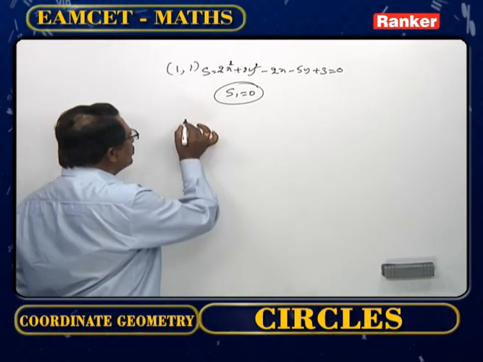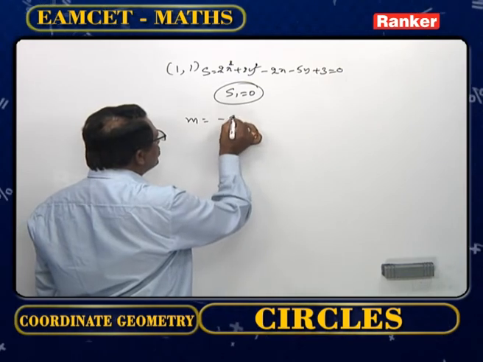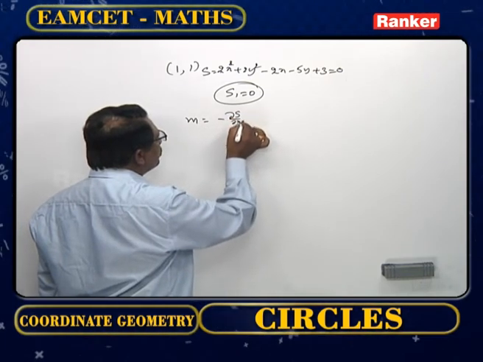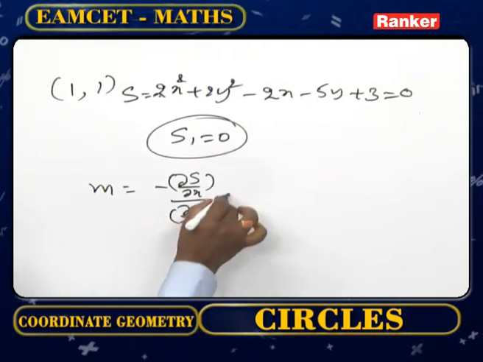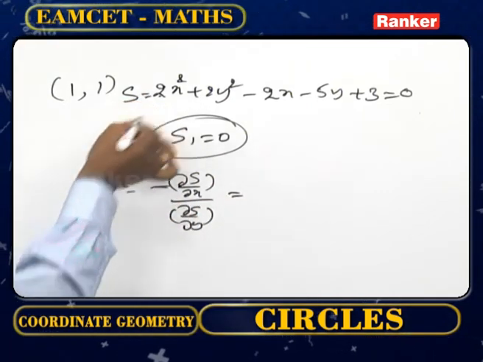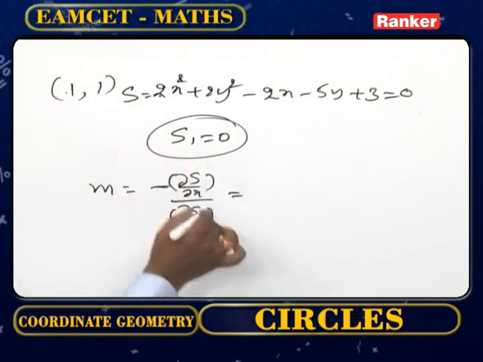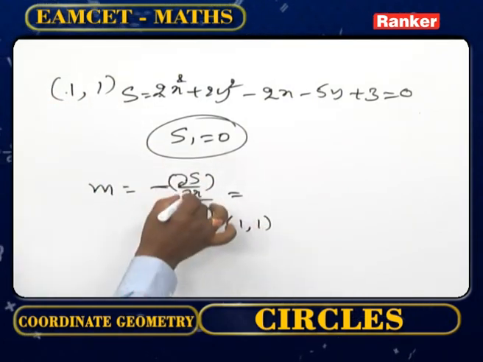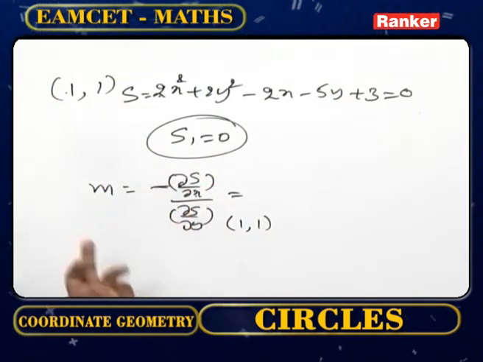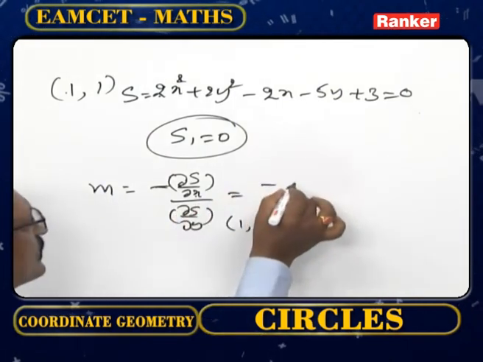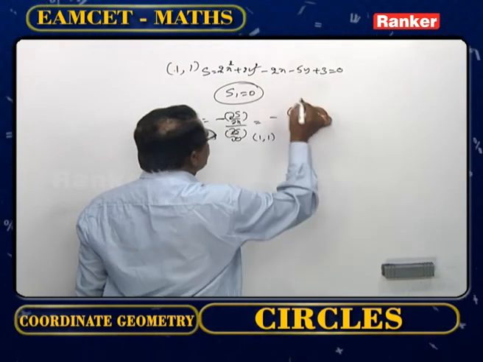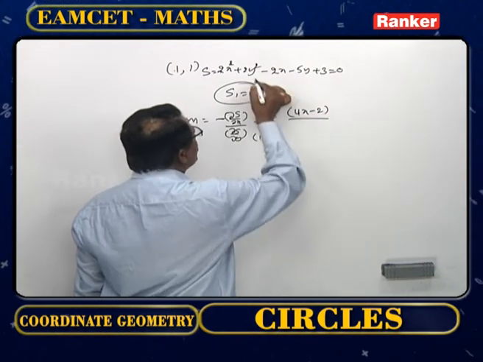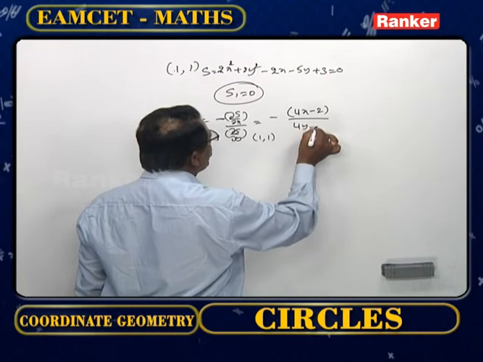Then the slope of the tangent m equals minus dou S by dou X divided by dou S by dou Y, at the given point (1, 1). Differentiating partially with respect to x we get 4x minus 2, and with respect to y we get 4y minus 5.